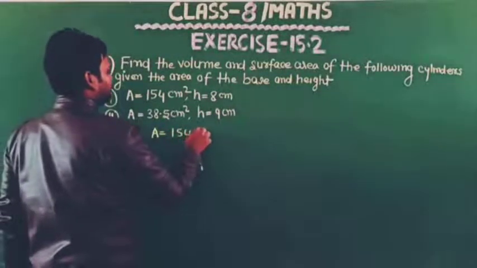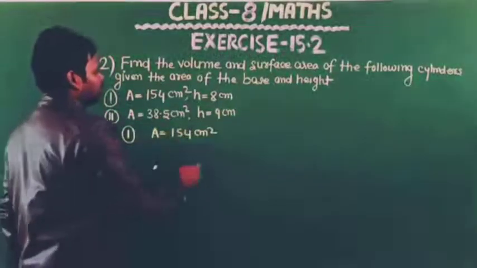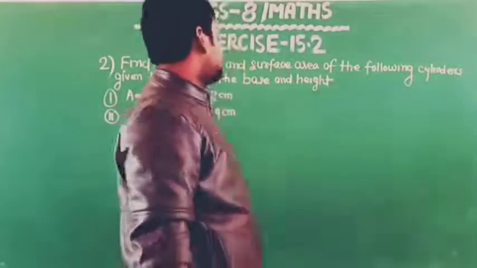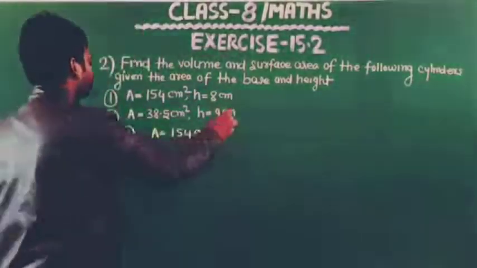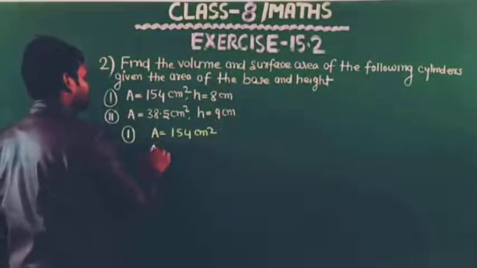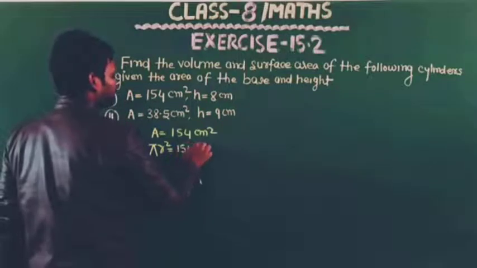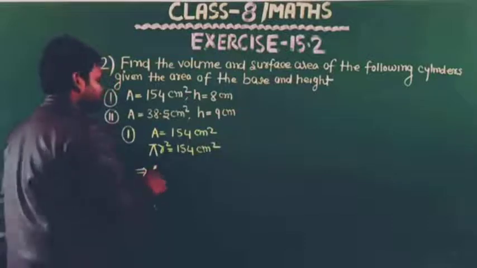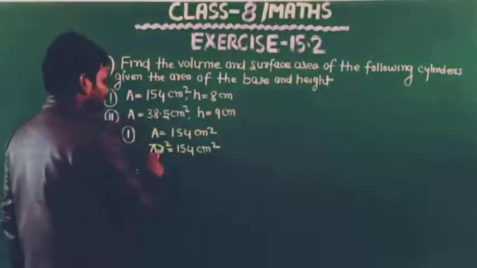We know the formula for the area of the circular base of a cylinder, which is the area of a circle, pi r square, equal to 154 centimeter square. Here the radius is required, so we need to find the radius r.